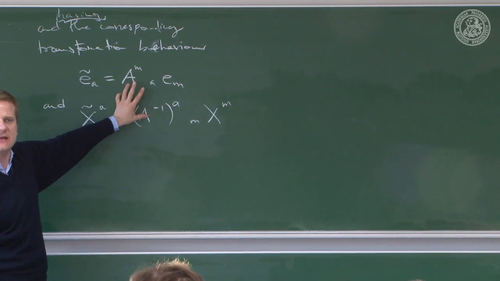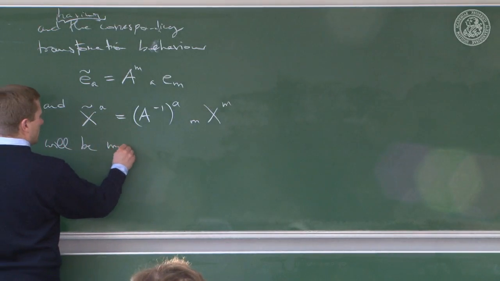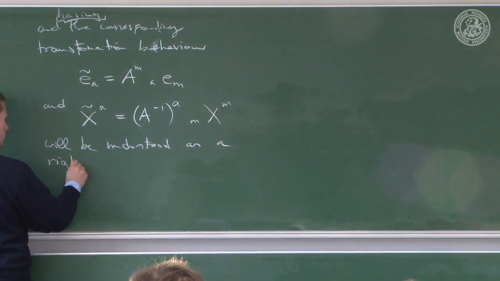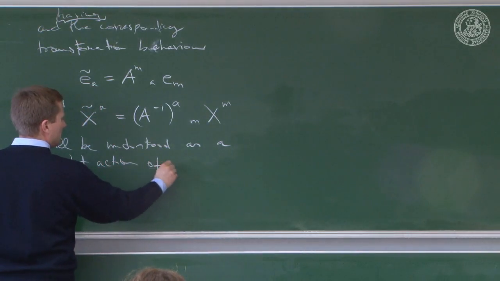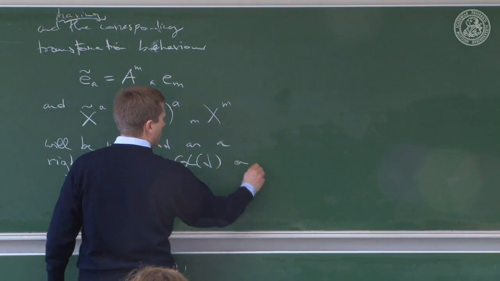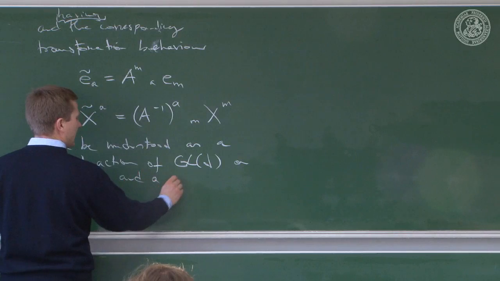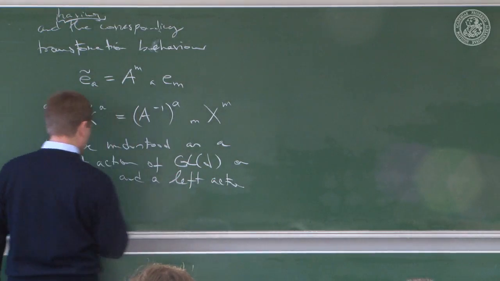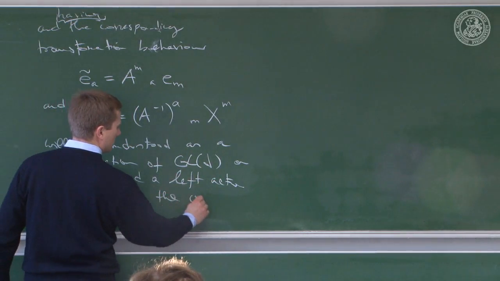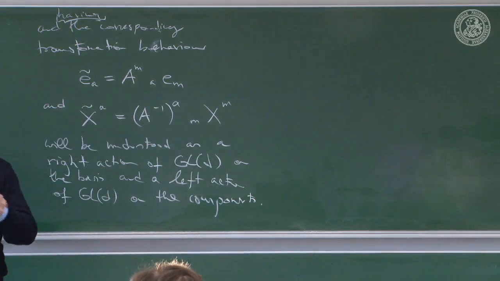That's how we understood this A and A inverse before, right? This will be understood as a right action of the general linear group in d dimensions on the basis, and a left action of the same GL(d) group on the components. We say, yeah, sure, that one must be the inverse of the other. That's the relation.